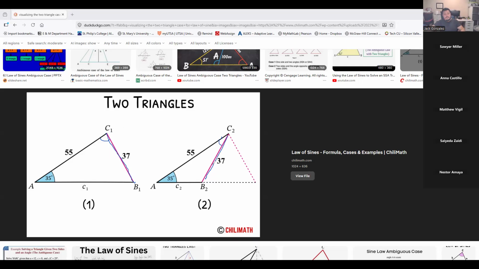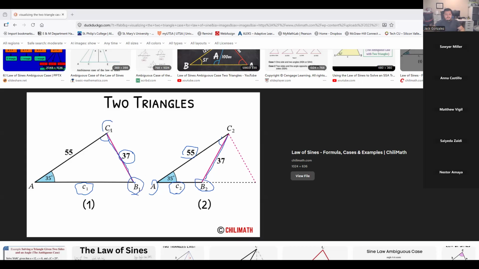The angle and its opposite side that they give you won't change, but everything else is going to shift a bit. This side is still the same length. It's just coming in or coming out. So all you have to do is solve for these two separately once you find your first angle.